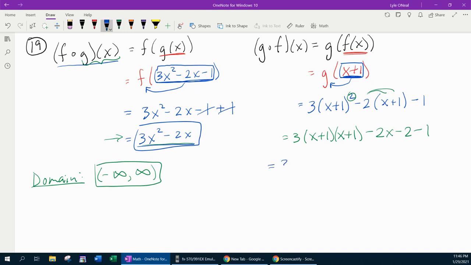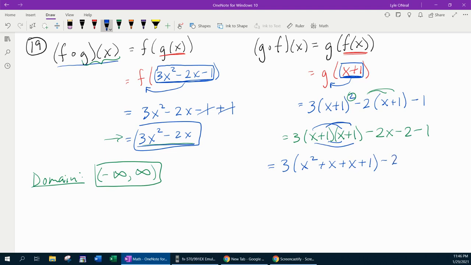All right, now let's FOIL it. First, x times x gives me x squared. On the outside, 1 times x is x. On the inside, again, 1 times x is x. Last but not least, 1 times 1 is 1.